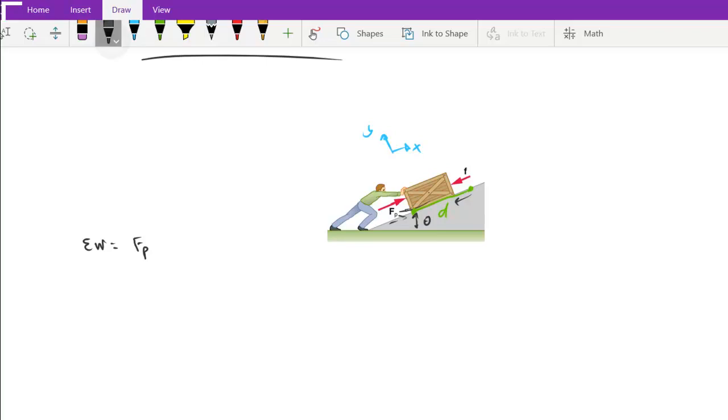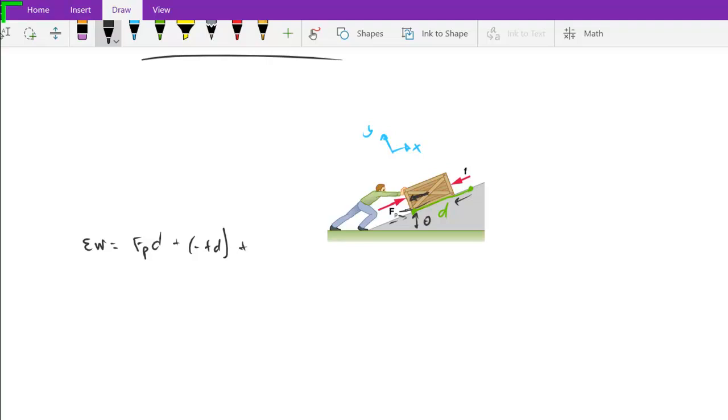So the work done by the push is force of the push times that displacement, plus the work done by friction is going to be a negative frictional force times the displacement D, plus now gravity is going to do work down the incline, right?